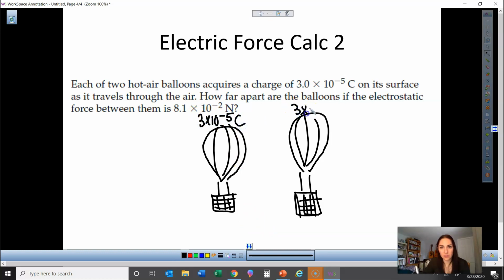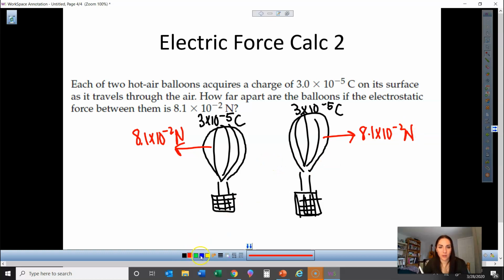Already in coulombs, very good. I'm not so nice in the homework, so just be aware of those. The force between them, since they're the same charge, means they're going to be repelling each other. The force between them is 8.1 times 10 to the negative 2 newtons. The question is, how far apart are they? What's the r?